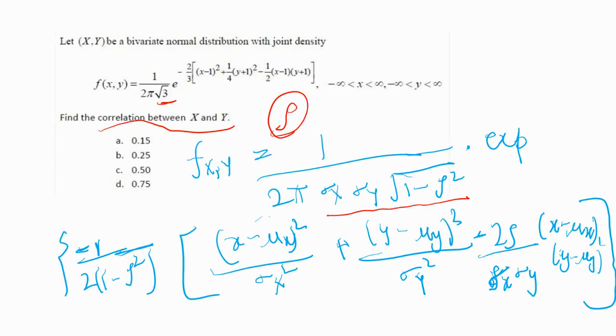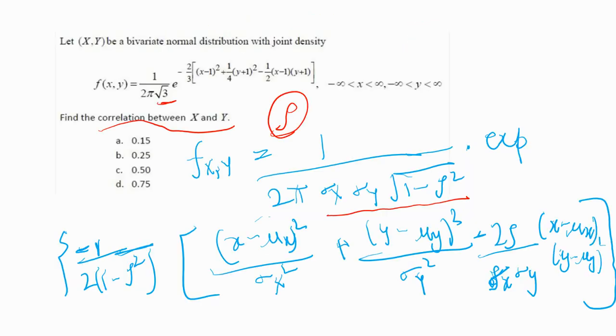Okay. So we can write sigma x sigma y into root 1 minus rho square is equal to root 3.